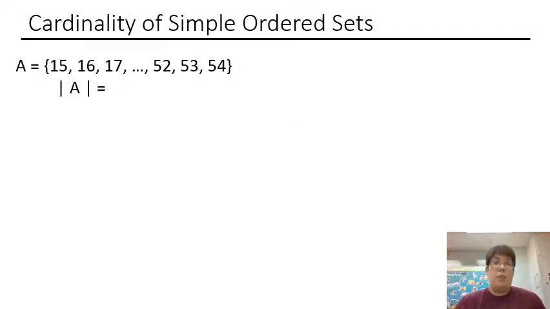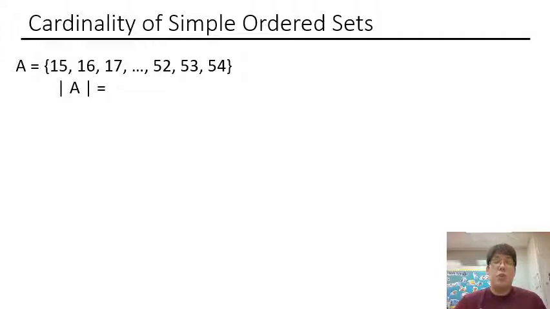So in other words, I can take that last number and subtract the first number and then add 1 and get the cardinality of my set. Now let's look at this example. On this example, we have the numbers 15 through 54. Now, if you wanted to, you could go and count all of those numbers, but I really don't want to.